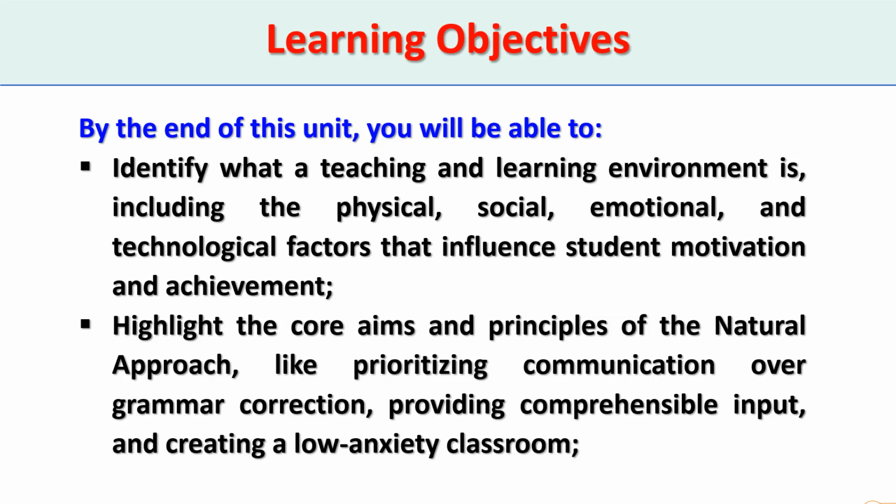By the end of this unit, you will be able to get from us 5 learning objectives. The first, identify what a teaching and learning environment is, including the physical, social, emotional, and technological factors that influence student motivation and achievement.